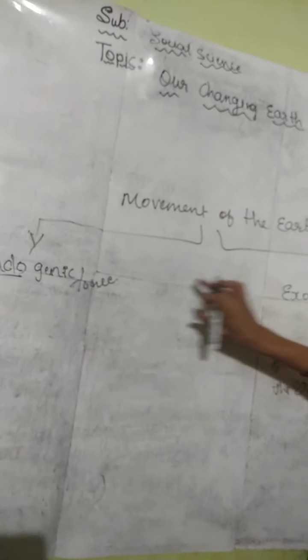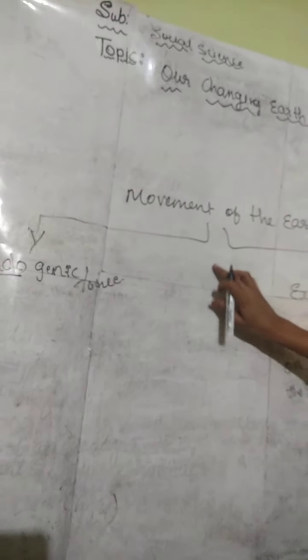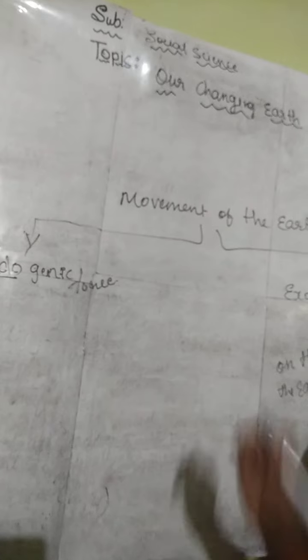These are called exogenic forces. So endogenic force and exogenic force are the two types of movement of the earth.